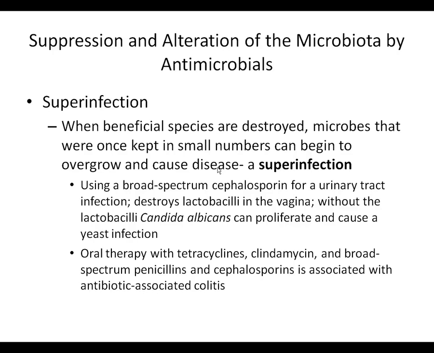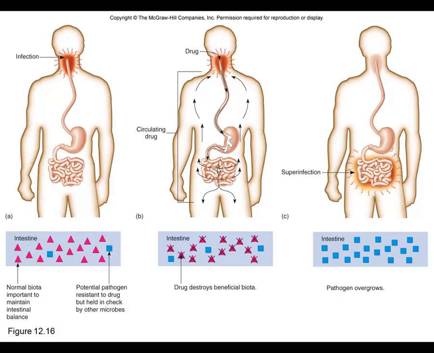Oral therapy with a good number of tetracyclines and clindamycin are associated with antibiotic-associated colitis. This picture right here in your book shows what happens when you have an infection in the throat or something, and you're given a broad-spectrum antibiotic.